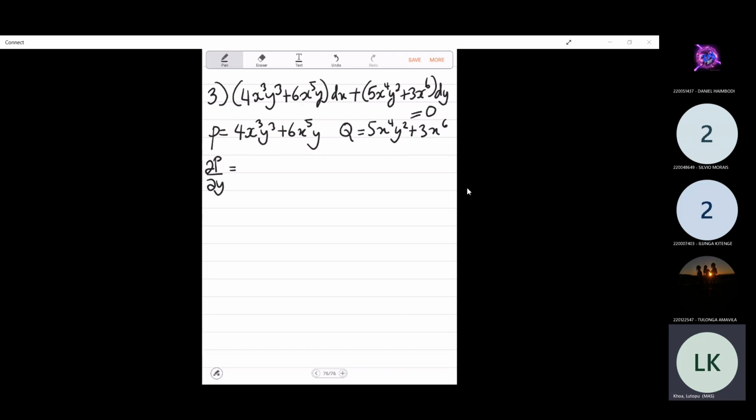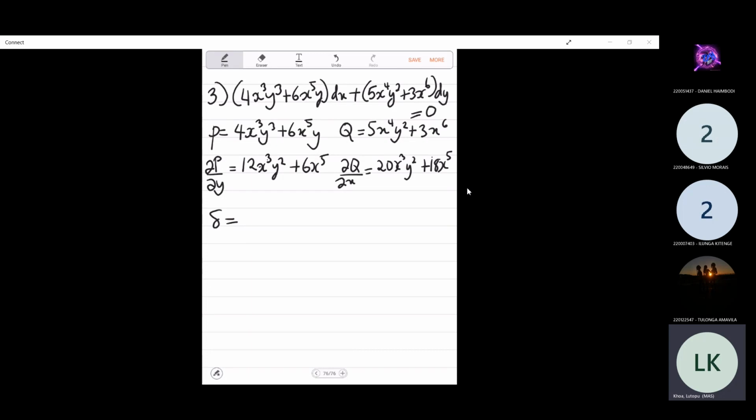This is 12 x to the power of 3 y squared plus 6 x to the power of 5, then dq dx. This is 20 x to the power of 3 y squared plus 18 x to the power of 5. So obviously this is not exact, so what we need to do is work out our delta.